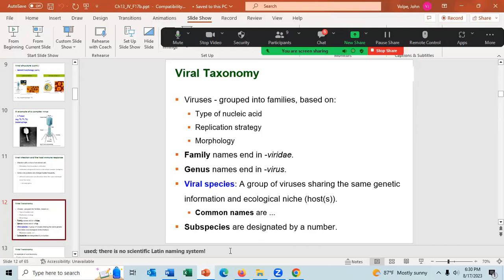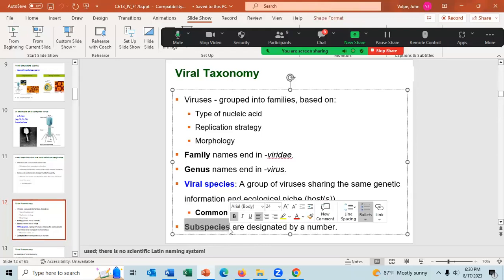Any question about any of that? Let me talk a little bit more about how the subspecies of viruses are really important. In the poliovirus, subspecies 1 causes the disease polio.